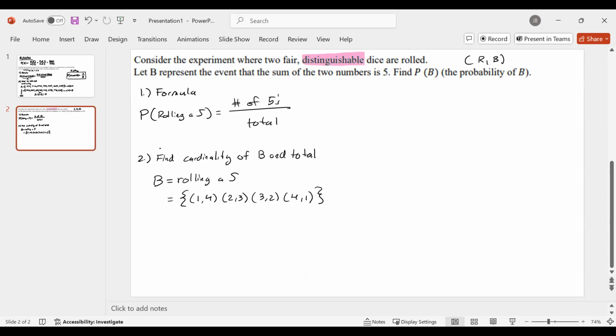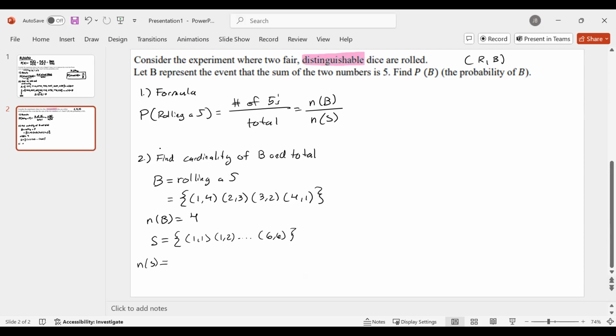Okay, they are different. And then the cardinality of that, and again, I'll write this in a more traditional way, is going to be 1, 2, 3, 4. And then for S, it's going to be 1, 1, 1, 2, up to 6, 6. But you should just know this, okay?